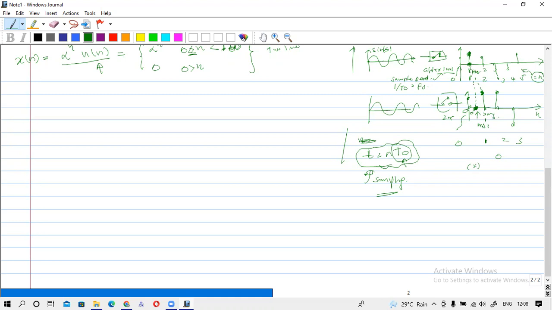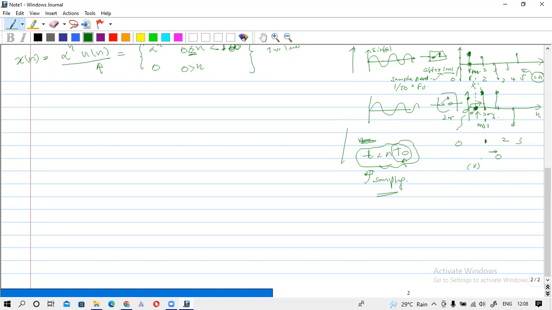So if you add these, you will not get the same result. What you have to do is apply a delay of around 1 millisecond and then multiply. Otherwise you will not get the corresponding value.